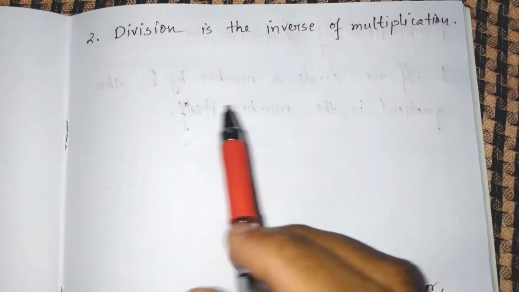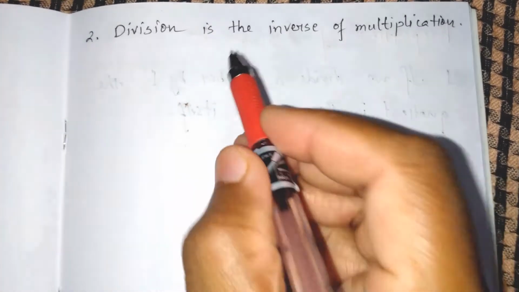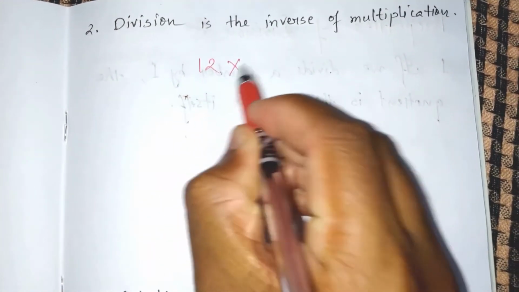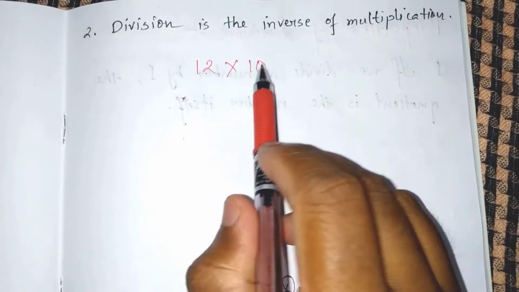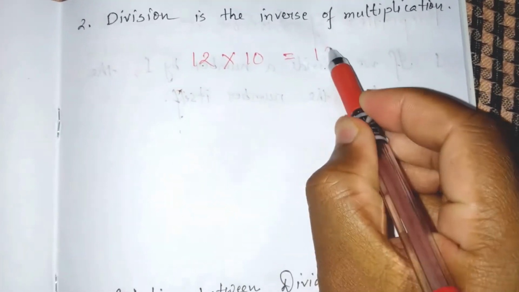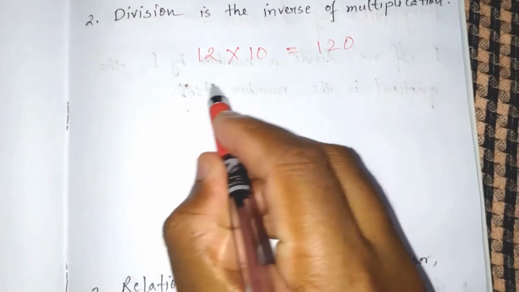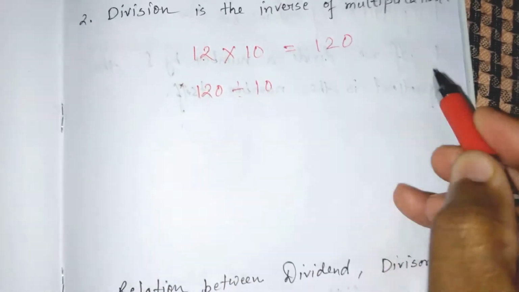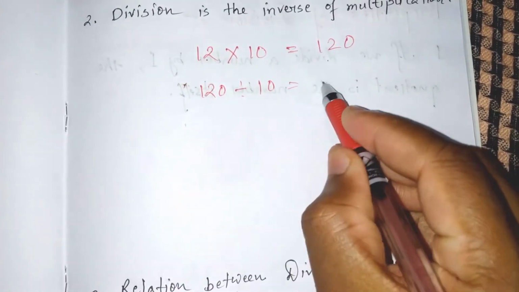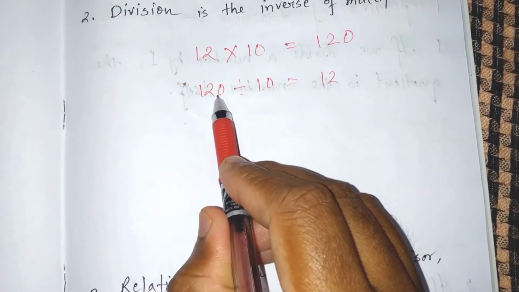Students, next one is division is the inverse of multiplication. If I write 12 into 10, this is multiplication. If I multiply 12 into 10, then I will get 120, isn't it? Then if I divide this 120 by 10, how much will I get? I will get 12, because we know 10 into 12 is 120.